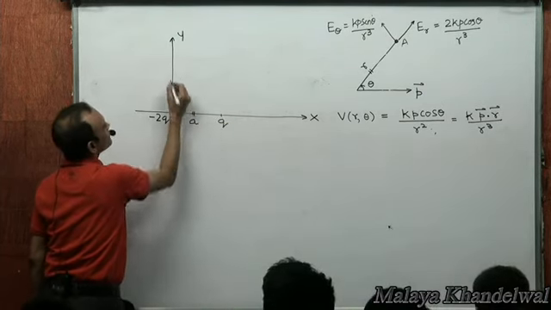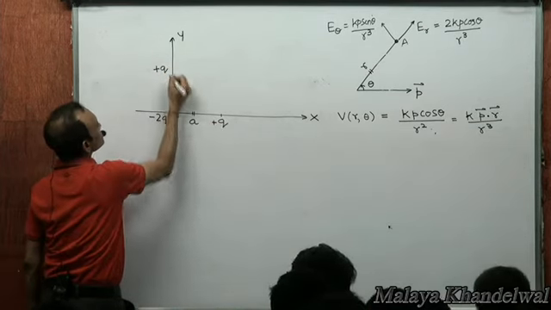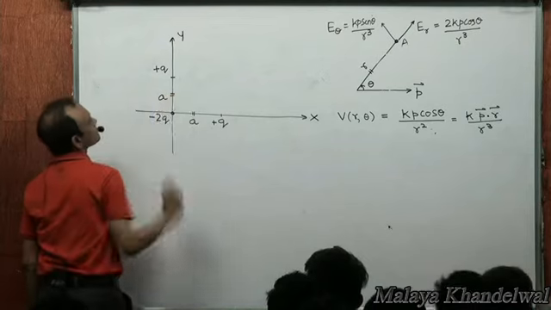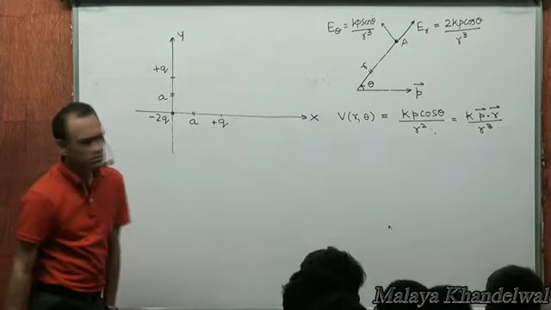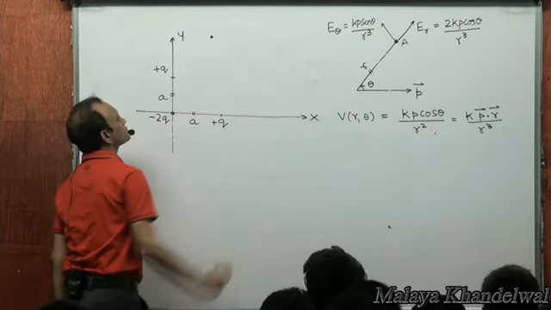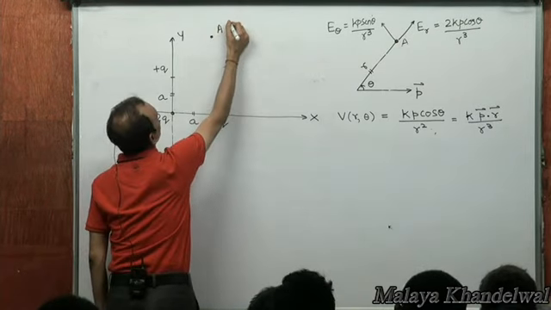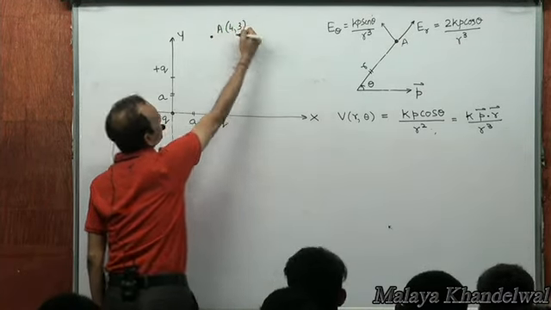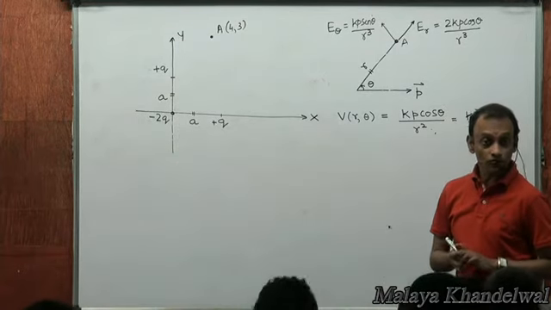This is a units. There is another plus q here. This is also a units, right? a is a really small number, okay? And I want to find the potential at a point A whose coordinates are 4, 3.